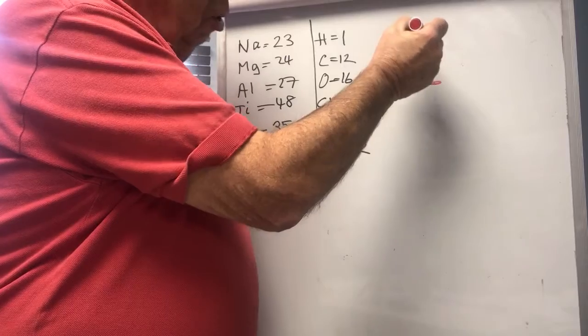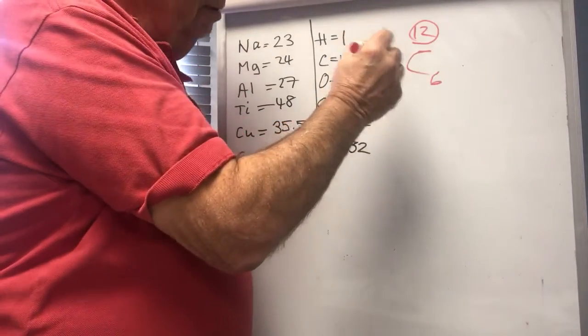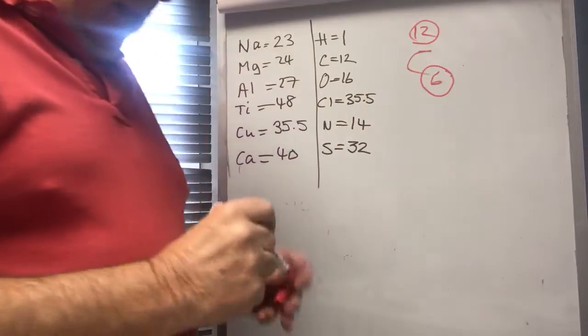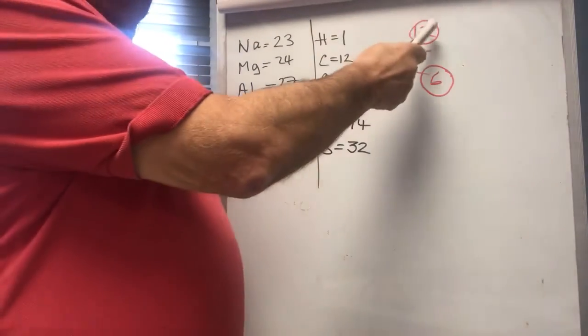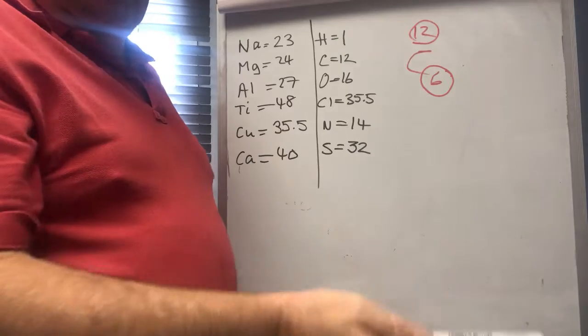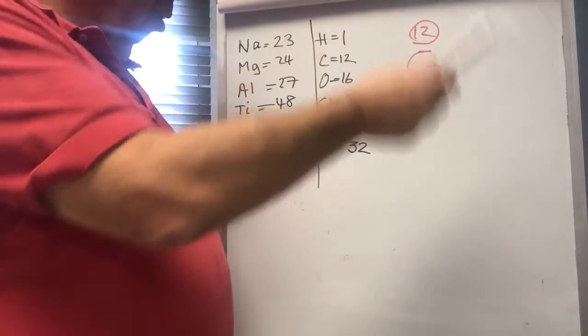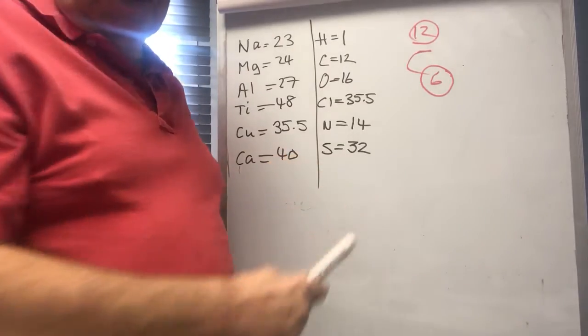This is the atomic mass and this is the atomic number. And here I've got some examples of the atomic mass of hydrogen 1, sulfur 32.